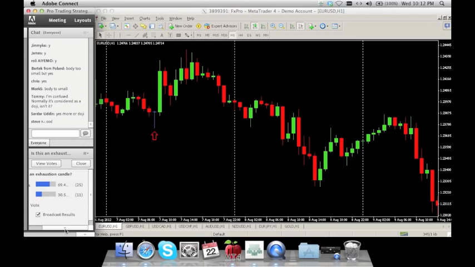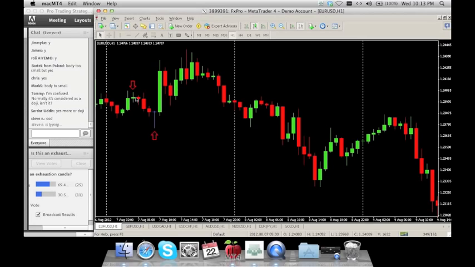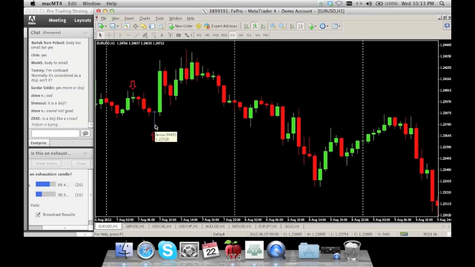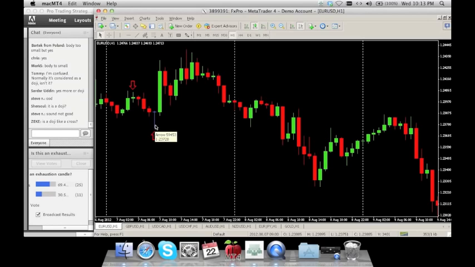A doji is when you have the open and close pretty much at the same place, with the tail on top and tail on bottom. Let me see if I can find you a doji. A doji is something similar to this. In this particular scenario, you have a tail on one side. Zeke, yes, doji is more like a cross, or a plus sign if you want to call it.